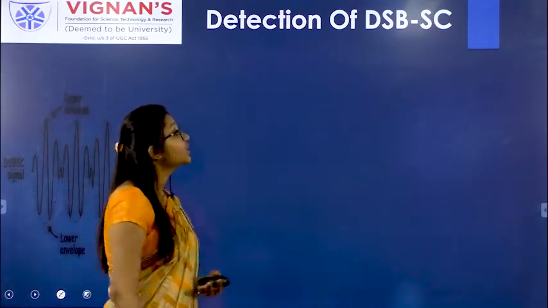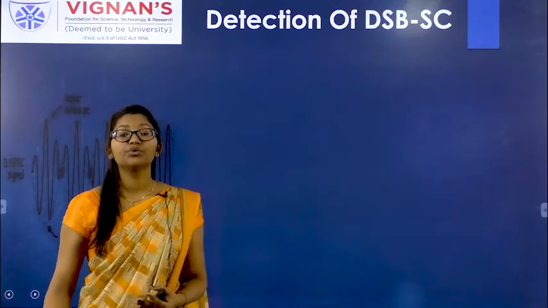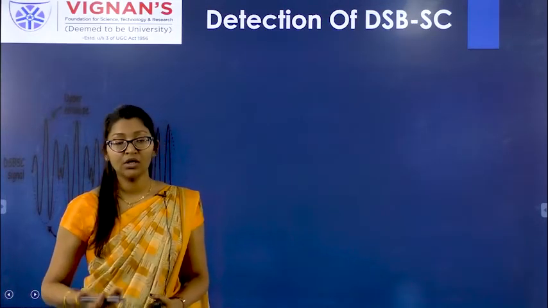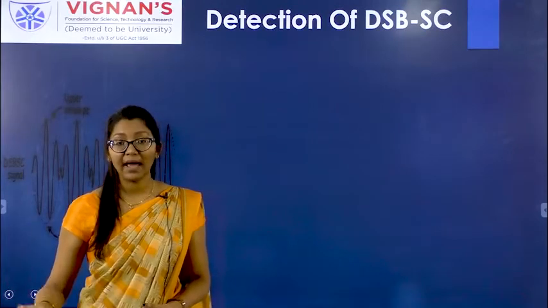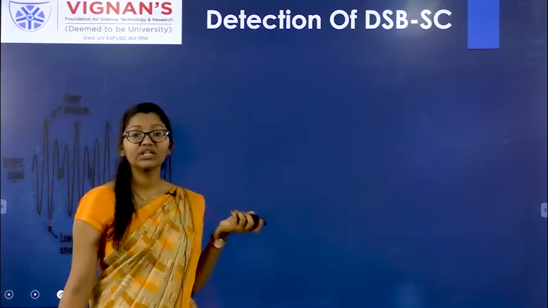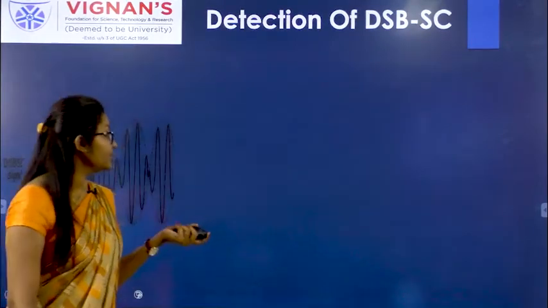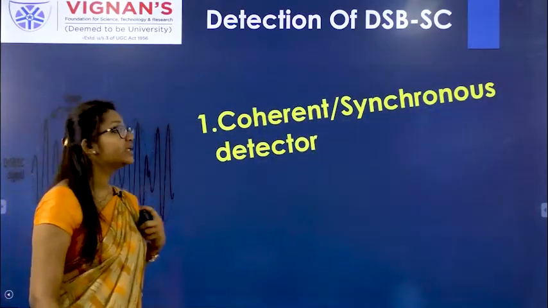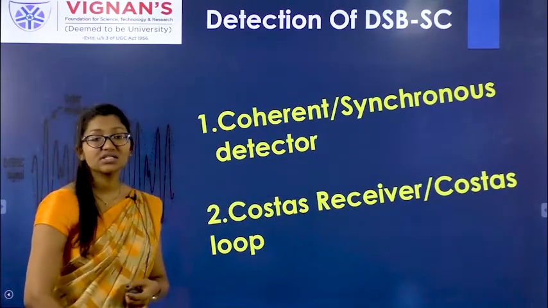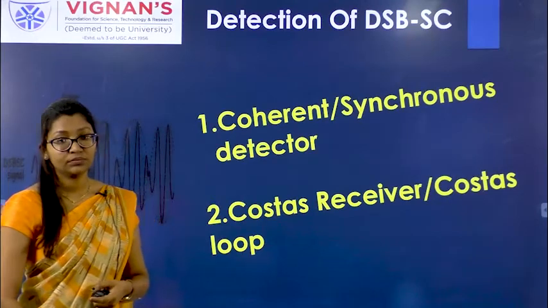To detect your original message signal, that is m of t, there are detection techniques. So what are those two detection techniques of DSB-SC? One is coherent or synchronous detector, and second one was Costas receiver or Costas loop, right?